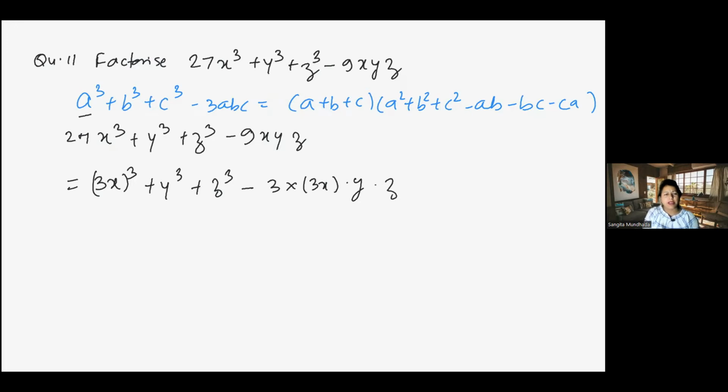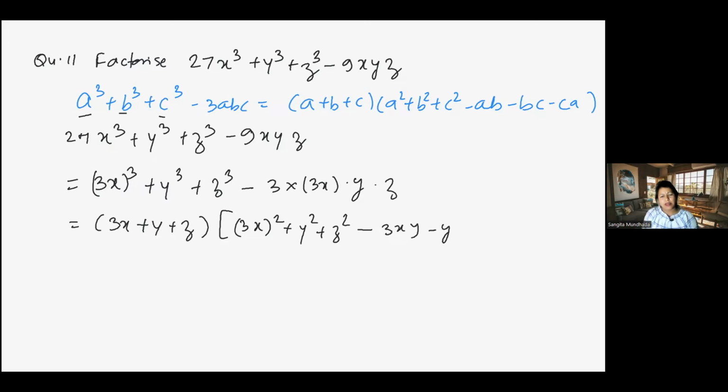So a cube plus b cube plus c cube minus 3abc: in place of a, 3x; in place of b, y; in place of c, z. Using the above identity, 3x plus y plus z, another bracket (3x) square plus y square plus z square minus the product of 3x and y, minus yz, minus zx.